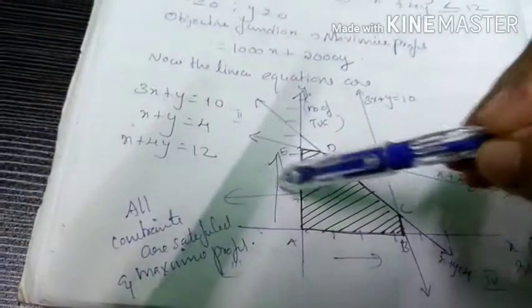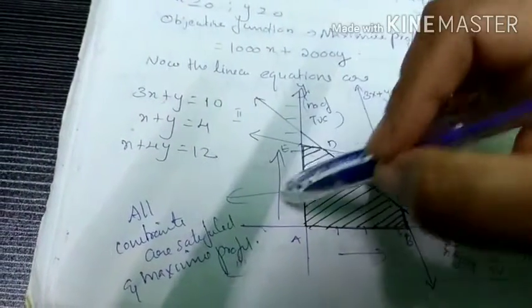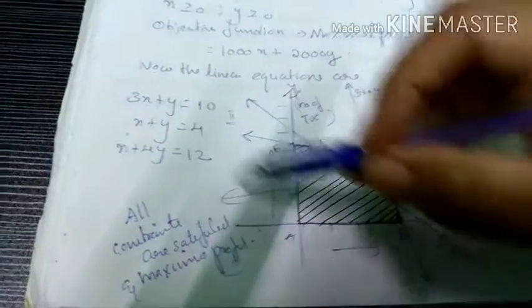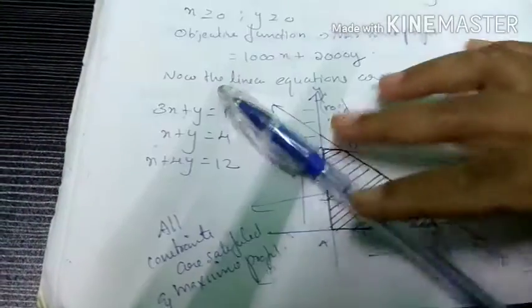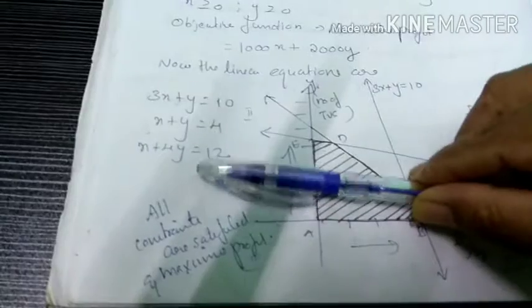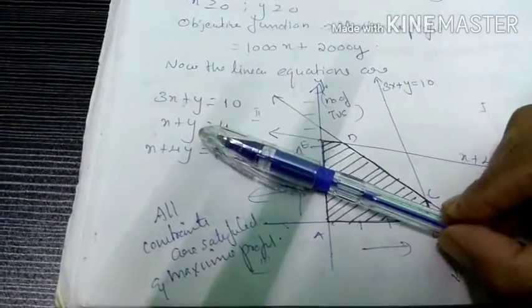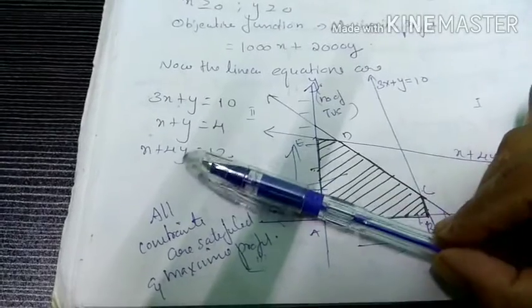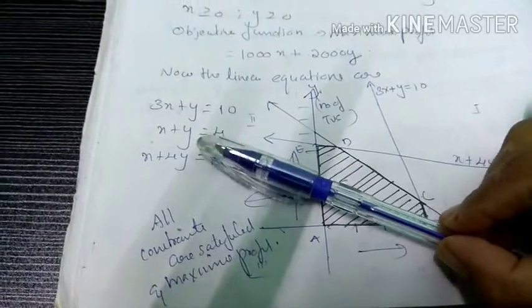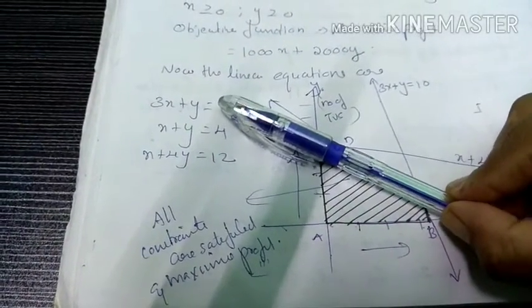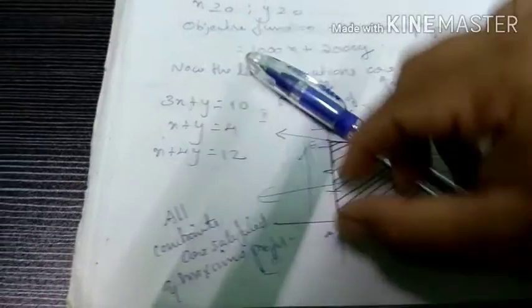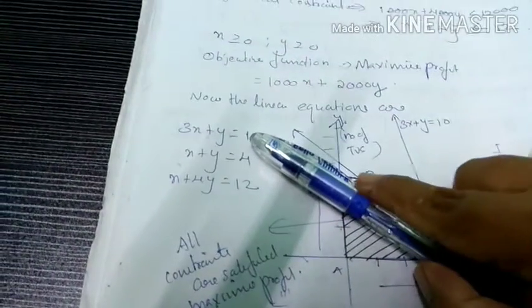Think of this pen as a line. So this line has a slope of 1 by 2. So we move this line from bottom to upward till it reaches the point D. So that point maximizes the profit.